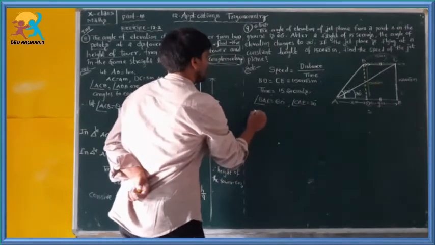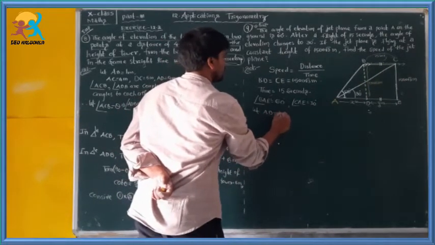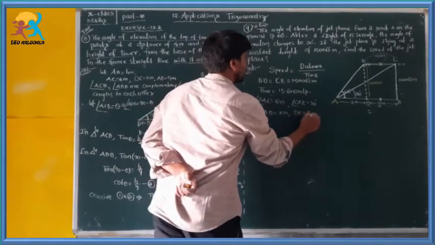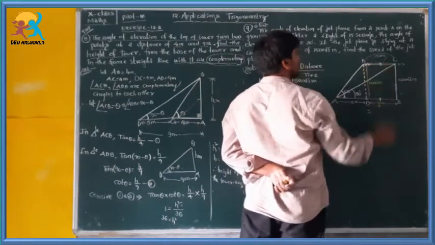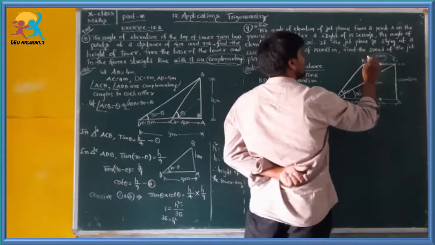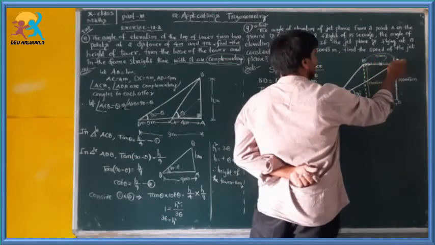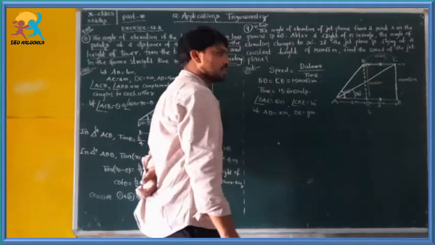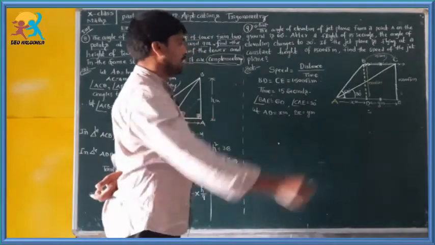Let AD equal x meters, DE equal to y meters. We have to find y meters, which is equal to BC, since the jet flight takes 15 seconds to travel from B to C, and we have to find how much distance it traveled in 15 seconds, so that we can get speed by the distance by time formula.